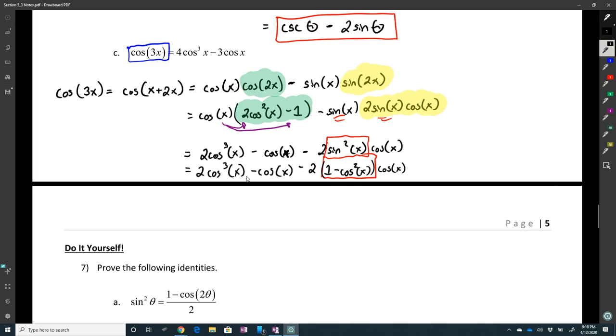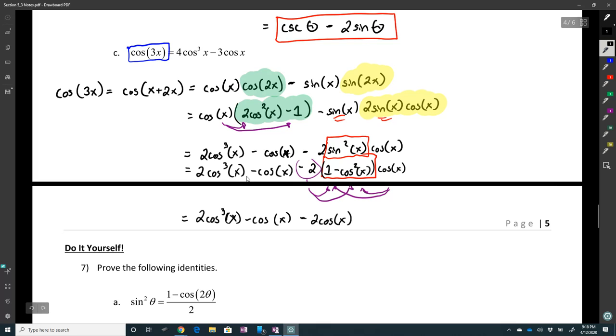All right, so now the last thing I got to do is distribute both of these. So I'm going to distribute the -2, and I'm going to distribute the cosine. So 2 cosine cubed x minus cosine x. There, if I distribute the -2 cosine, I get -2 cosine x.